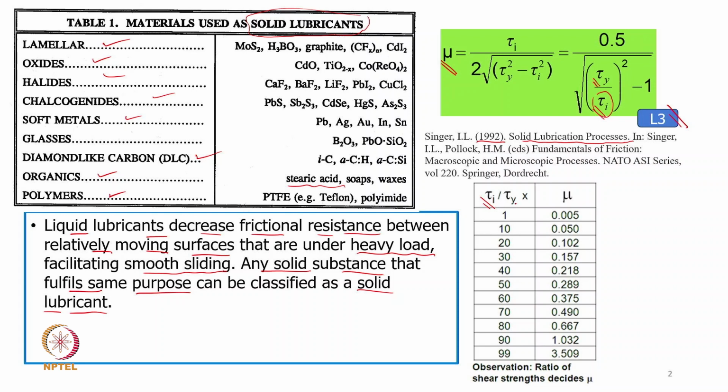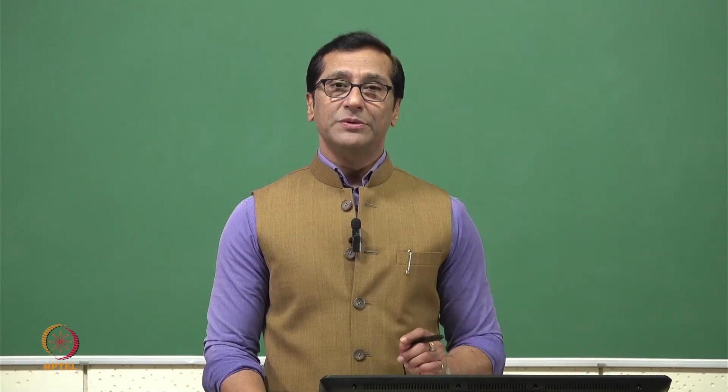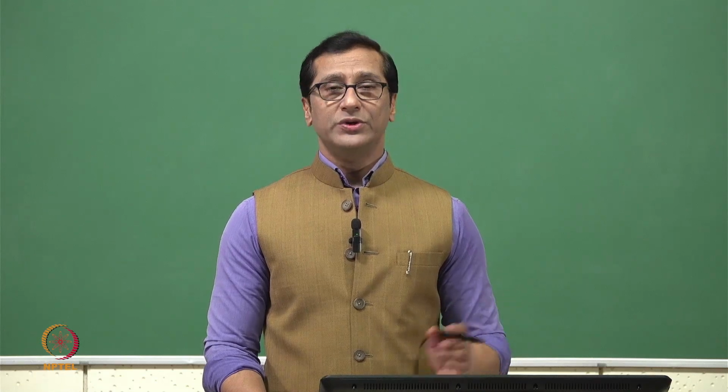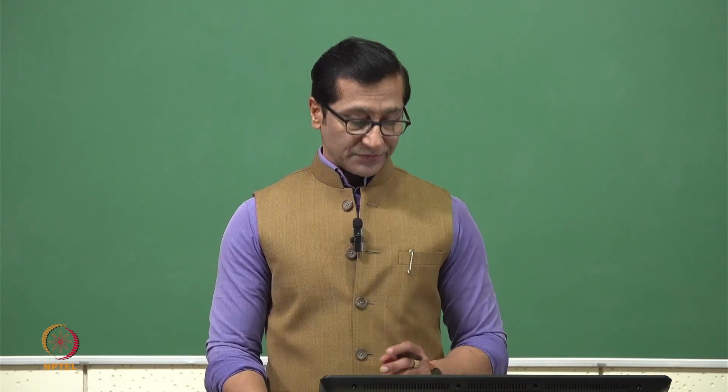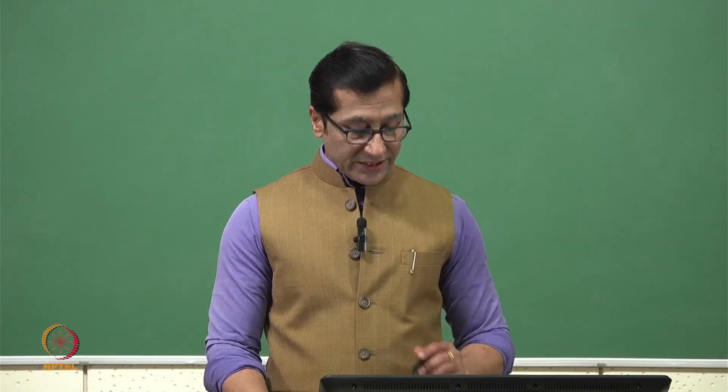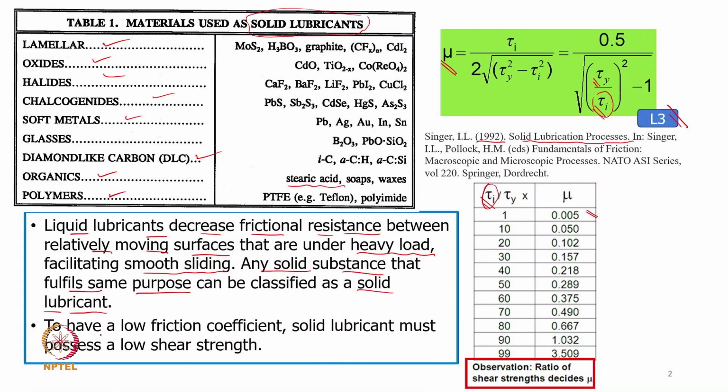Now in that same lecture, lecture 3, we also provided this table. We say tau I by tau Y. If tau I is only 1% compared to the soft material shear strength, the coefficient of friction can be very low, 0.005. Of course here the abrasive, or plowing, component of the coefficient of friction has not been accounted for. However, we can say the same thing: for a solid lubricant to have a low coefficient of friction, it must possess a low shear strength, and this is universally accepted.